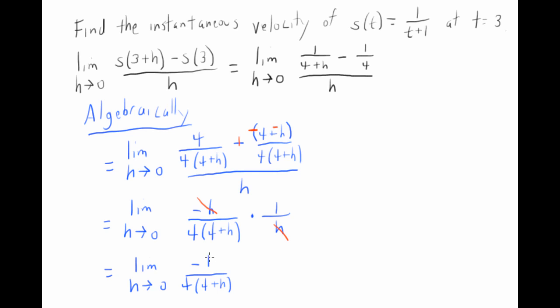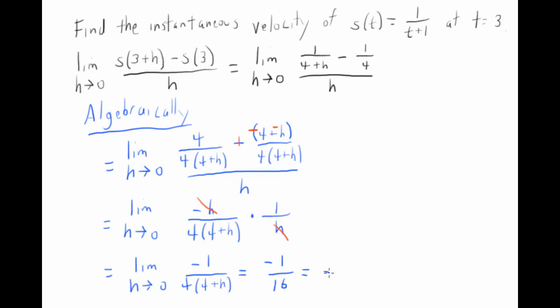This is good, because now when I plug in h equals 0, I don't get 0 on the bottom. I actually get a value. In fact, when I plug in h equals 0, what I get is negative 1/16. That's algebraically how to find the instantaneous velocity.